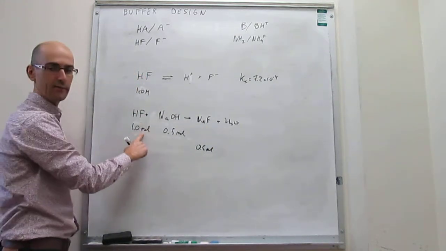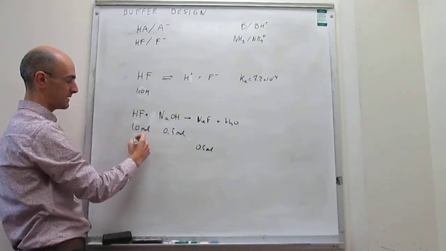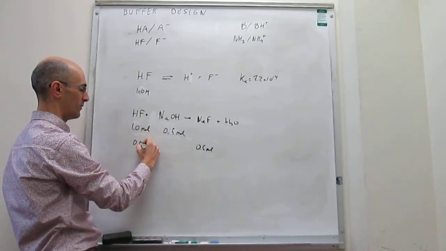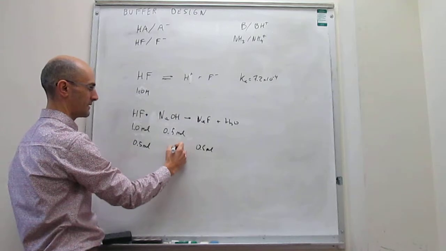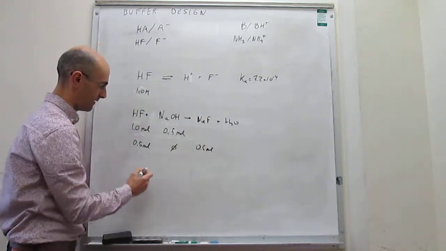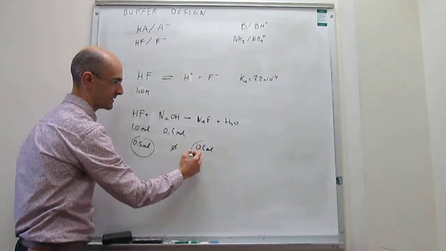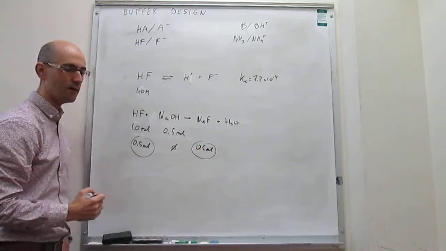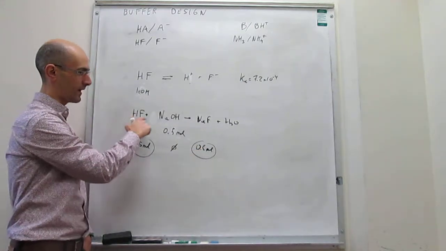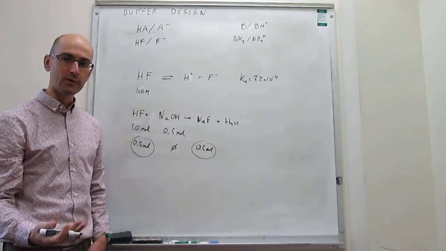And because hydrofluoric acid is in excess, then you will have here half mole left, and then no base left, and then water doesn't matter. So that is exactly where your buffer is. Now you have equal amounts of the weak acid and the conjugate base, and then you're ready to go.